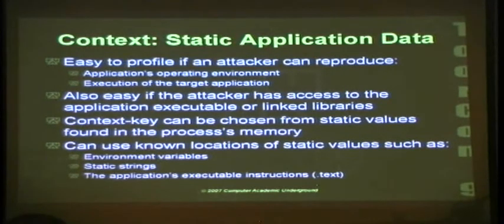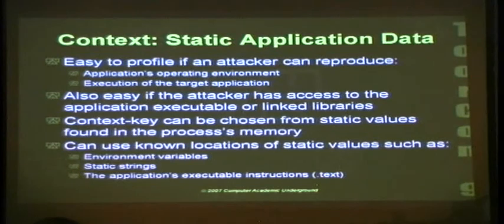All right, so usable context. Basically, I'm going to be talking about a couple of different types of context information that you could potentially use for this. The first one I'm going to talk about is static application data. It's fairly easy to profile if the attacker can reproduce the application's operating environment and execution of the target application.